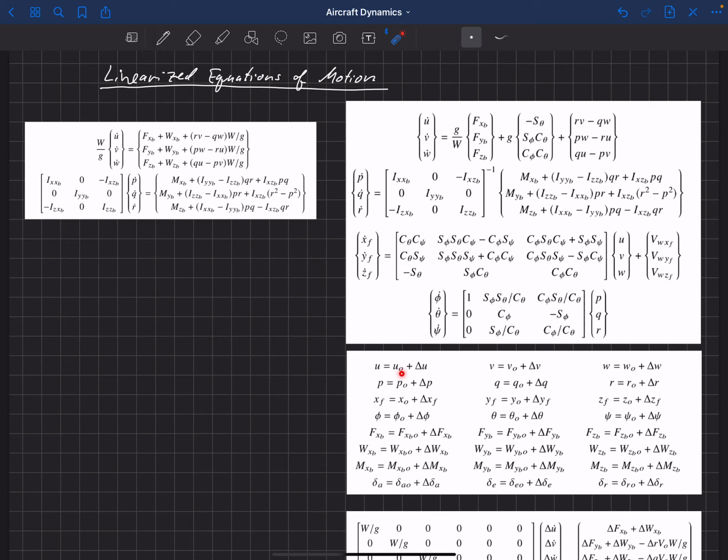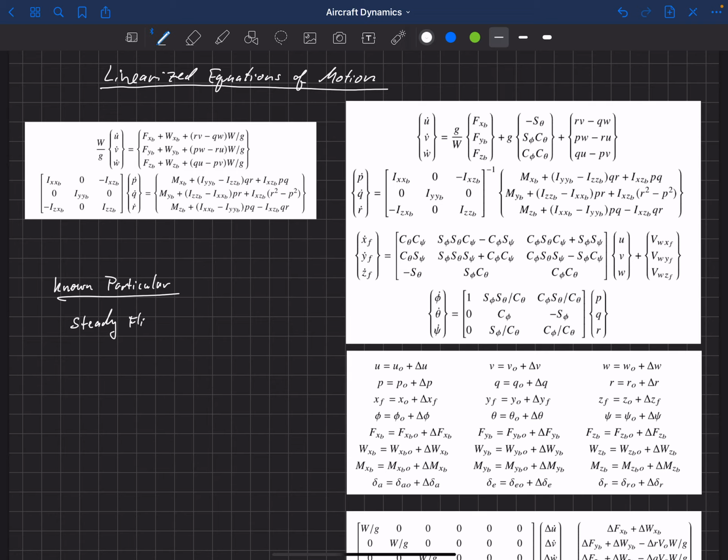Okay, so at this point, before we plug these all into these equations up here, we want to choose a known solution. This is our particular solution. We're going to choose this solution to be steady flight.